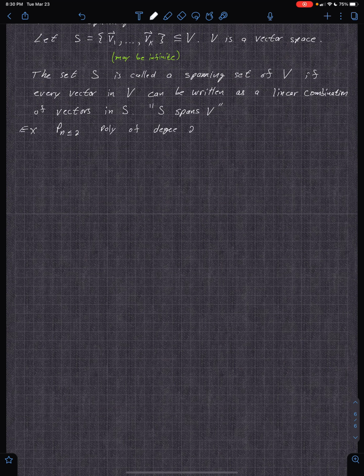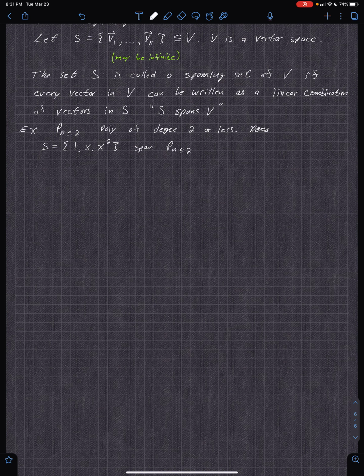So the question is, does my set above, S equal to 1, x, x squared, span P2, or as I've been writing it, polynomials of degree less than or equal to 2? And of course it does.